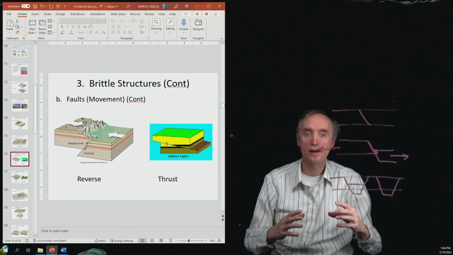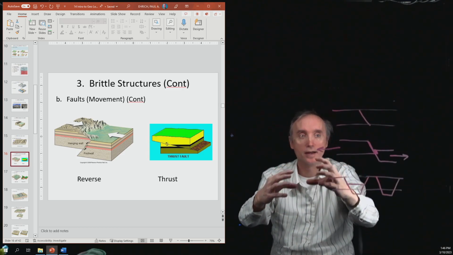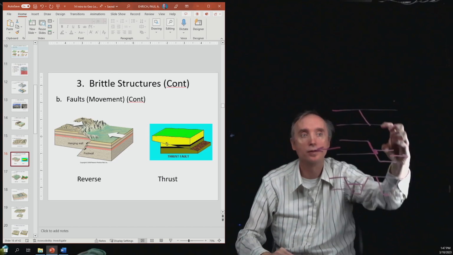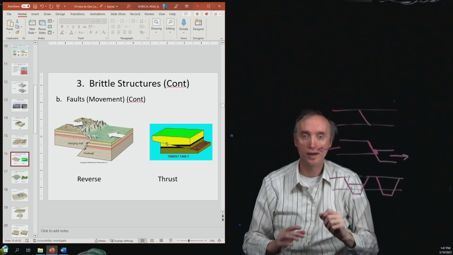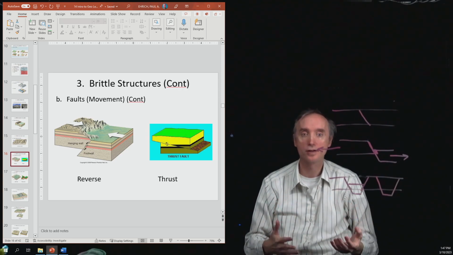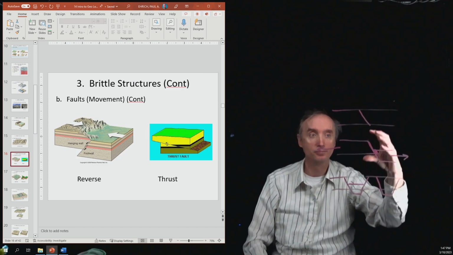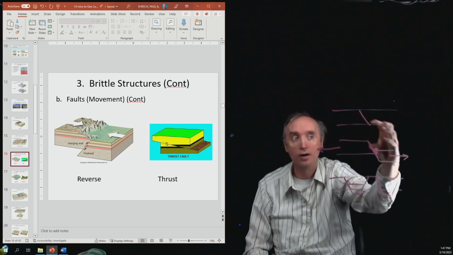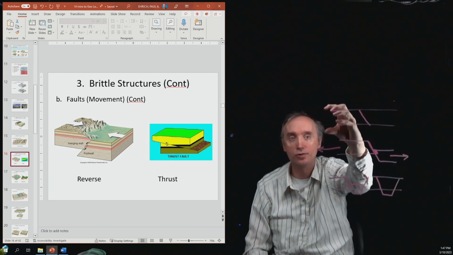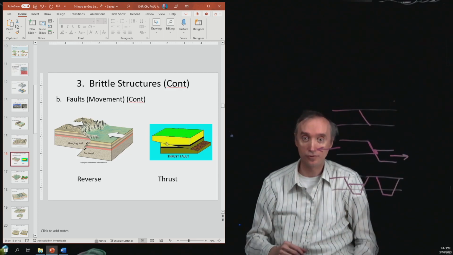Now, you can have a reverse fault that's so severe that it takes this piece and puts it on top of that piece. When that happens, that's going to be called a thrust fault. With thrust faults, rocks can be thrust many kilometers on top of these pre-existing rocks. So thrust faults can be huge.